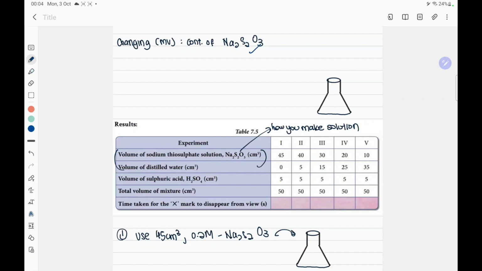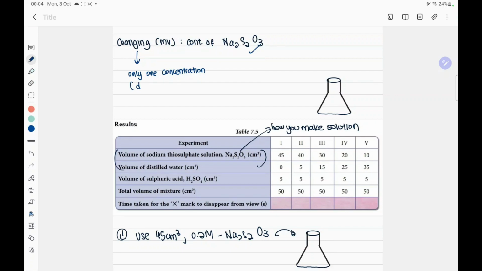So how are we going to conduct this experiment? We are going to be using only one concentration. But how are we going to change from one concentration to 10 different ones?